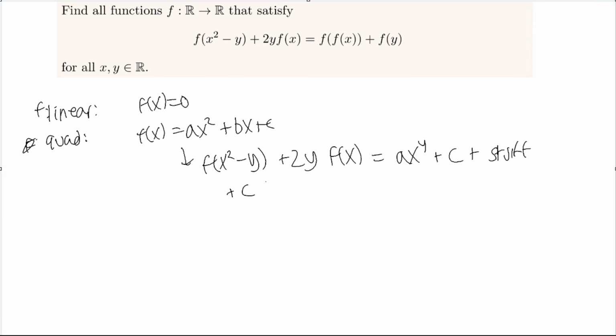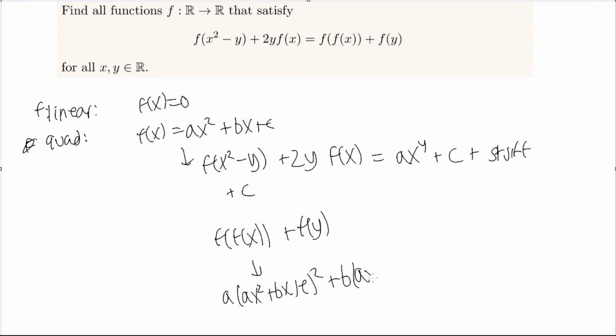And then we have the other side, which is f of x plus f of y. And we want to try comparing the coefficients again. And if we do that, this one here is a times ax squared plus bx plus c squared plus b times ax squared plus bx plus c, plus c.